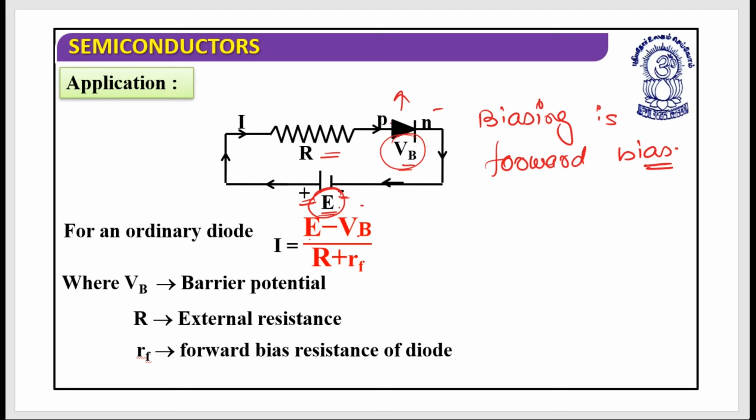So we consider RF, the forward bias resistance of the diode, and R as the external resistance, and VB the barrier potential. So for an ordinary diode, I equals E minus VB divided by R plus RF. This is the current that will flow through it. I hope this is clear.